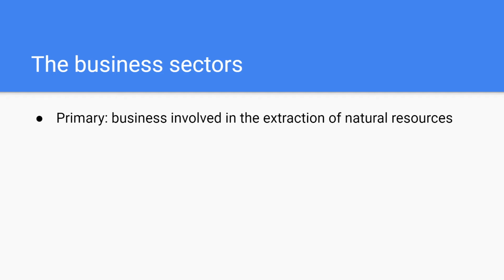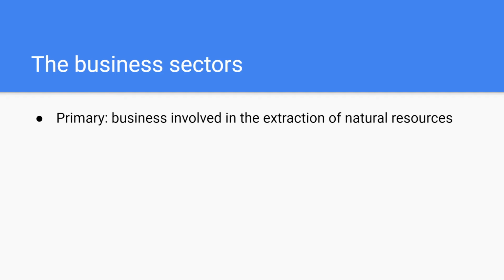And this can be, for example, oil or fruits or vegetables, farming basically. This is one of the more basic business functions that have been around for many years and is still around.